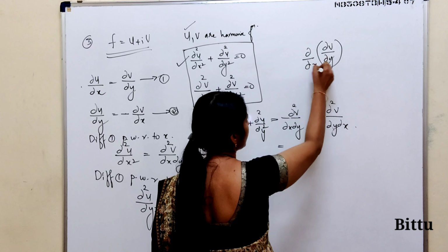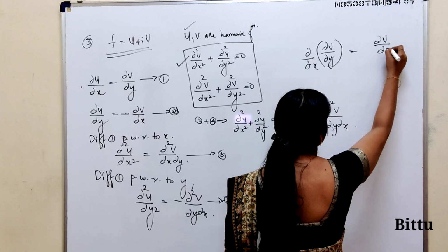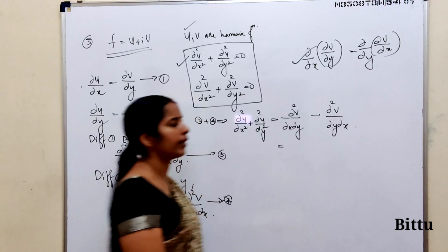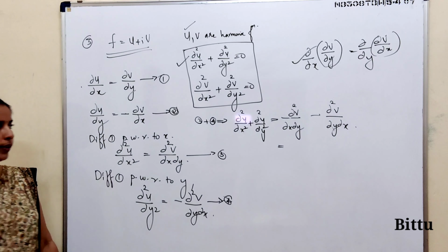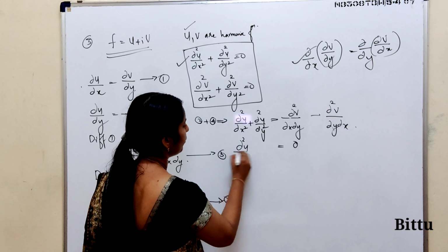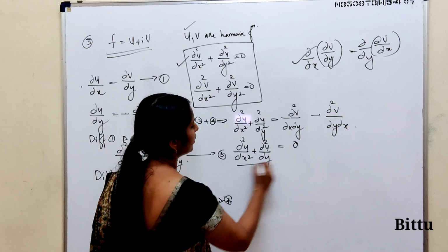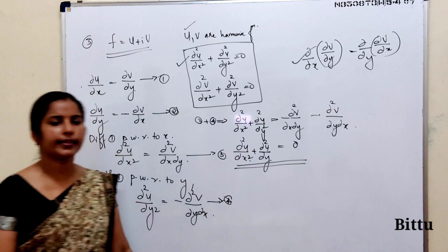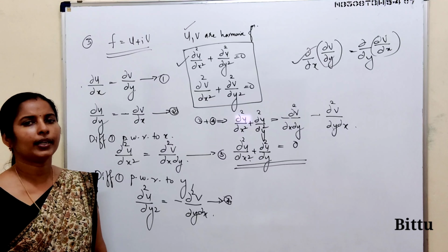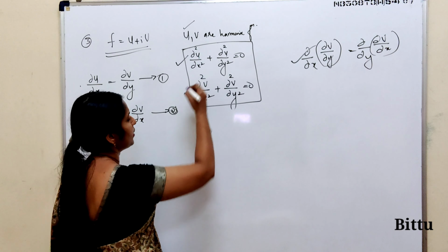If you differentiate ∂v/∂y with respect to x and ∂v/∂x with respect to y, both these second order partial derivatives are the same. So the difference is 0. So we have ∂²u/∂x² plus ∂²u/∂y² equal to 0. Hence, we can say u is harmonic. Similarly, we can prove v is harmonic. That is, we have to establish this equation.